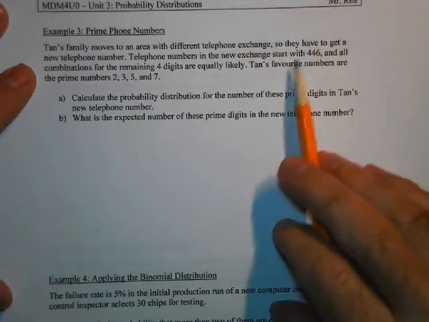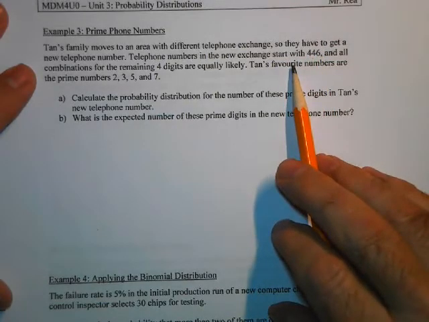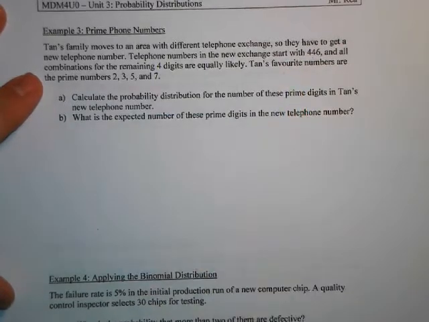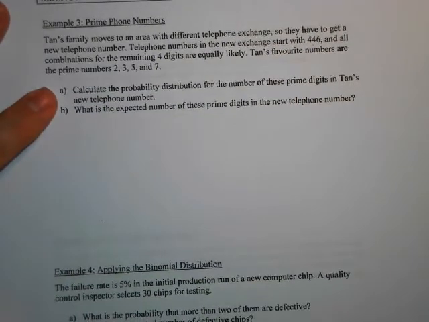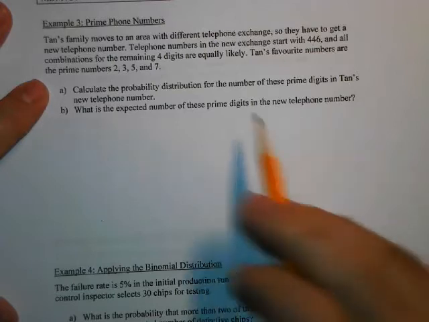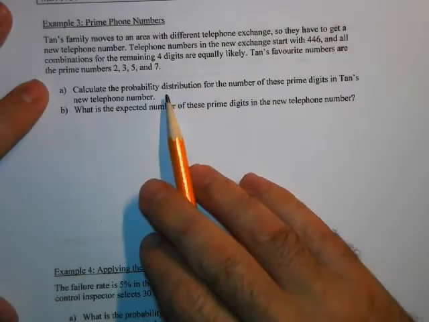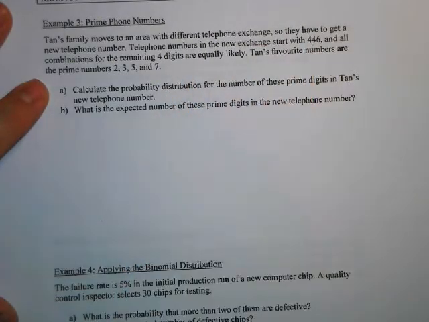And Tan's favorite numbers, because she loves math, are the prime numbers. What we want to calculate is the probability distribution for the number of prime numbers in Tan's new telephone number. When we say new telephone number, I just mean the 4 digits after the 446.